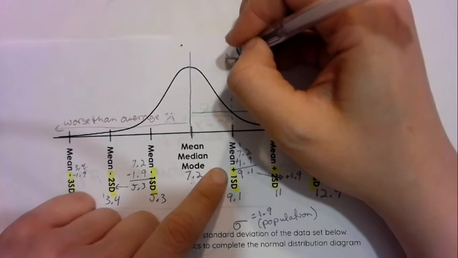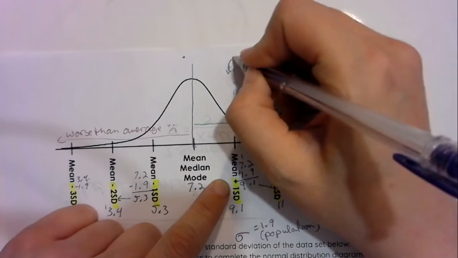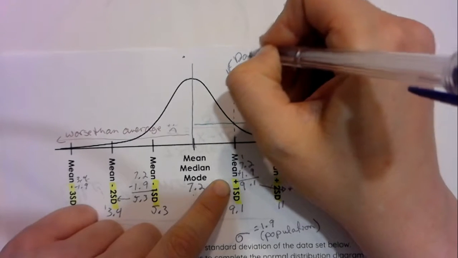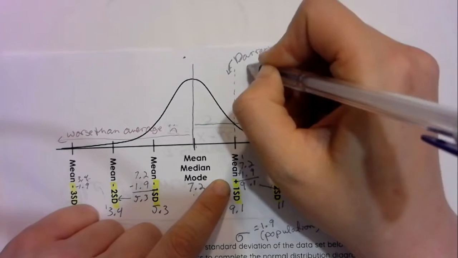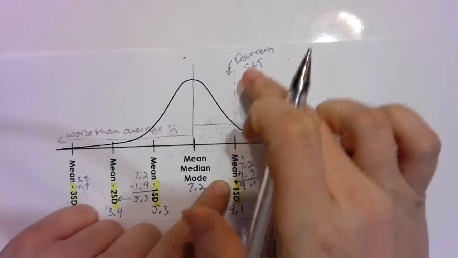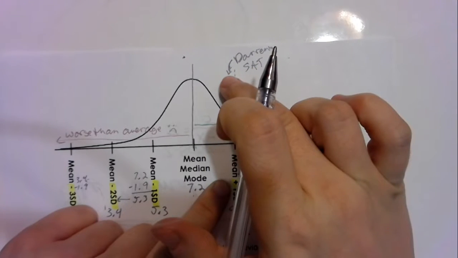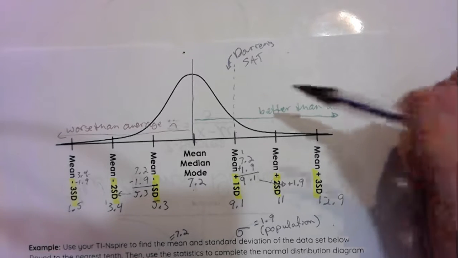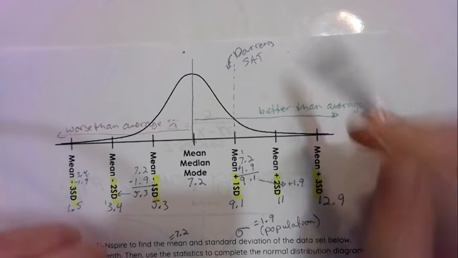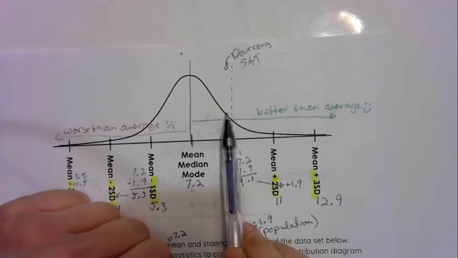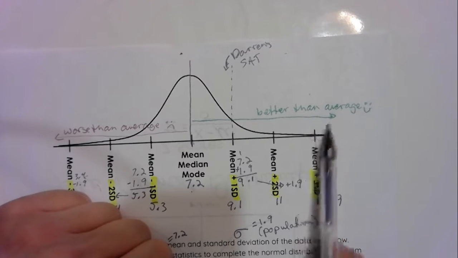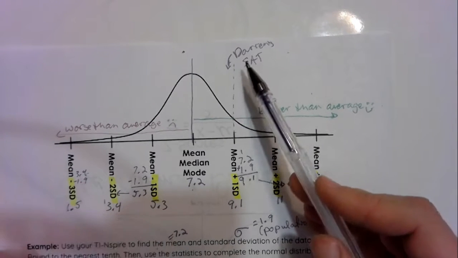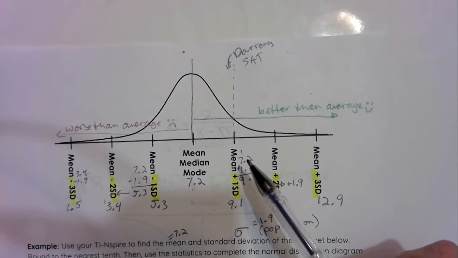So like right here. This is Darren. Darren's SAT score was right about right there. So he did a pretty good job. He did better than average. But all these people still did better than him. These people did a lot better than him. So he's got a pretty good thing going with this SAT score there.